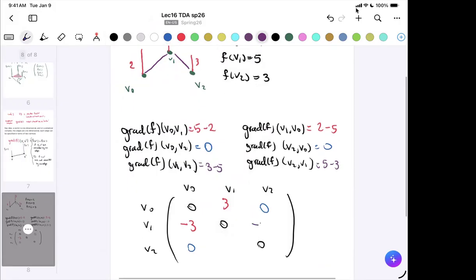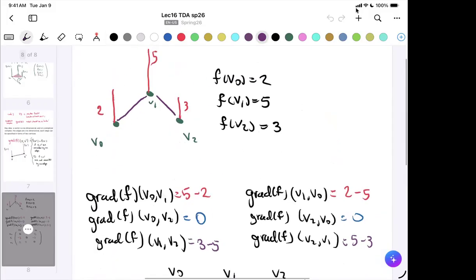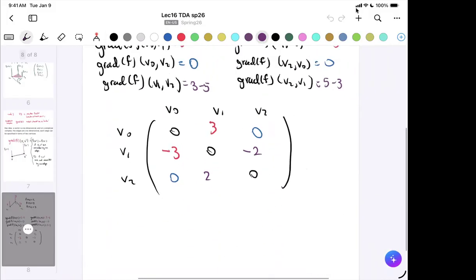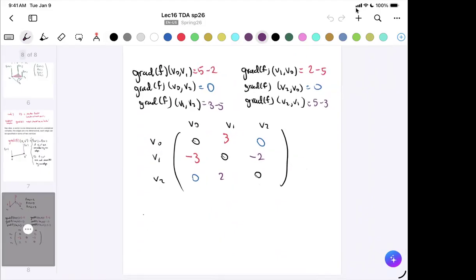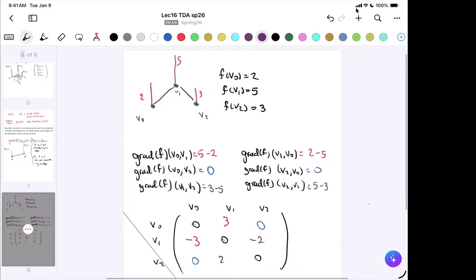A skew symmetric matrix is one that equals minus its transpose.